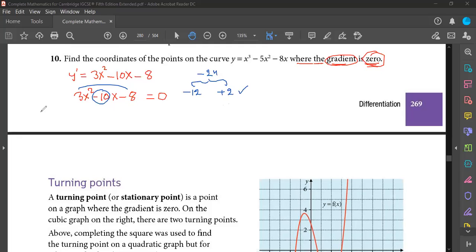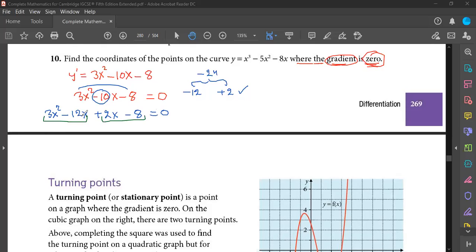Yes. So that's 3x squared minus 12x plus 2x minus 8 equals 0. For factorizing, please open your eyes and ears. From those two terms, we will take a common factor, and from the other two as well.